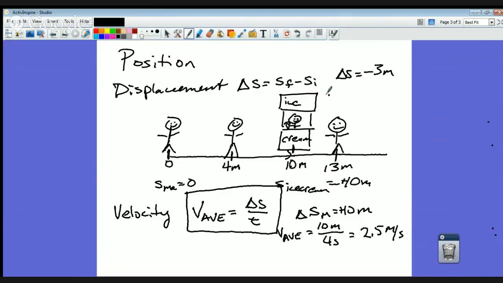So their velocity, on average, was negative 3 over 2. So their velocity was negative 1.5 meters per second. It's negative because they're moving in the negative direction. And so that's a very simple view of velocity.